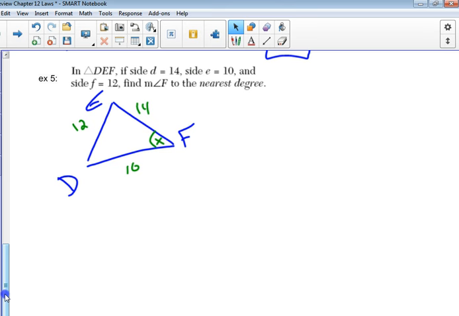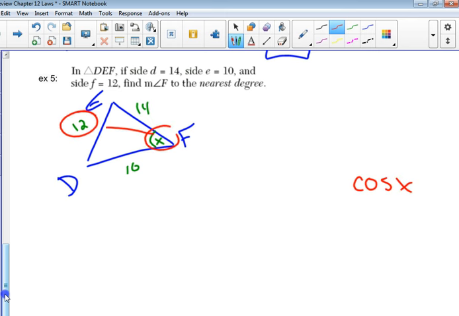Alright, good. Looks like we're doing a good job. Make sure you start with cos x, right? Because across from the triangle goes across the equal sign. So way over here needs to be your 12 squared. And we should have 10 squared plus 14 squared minus 2 times 10 times 14 cos x.